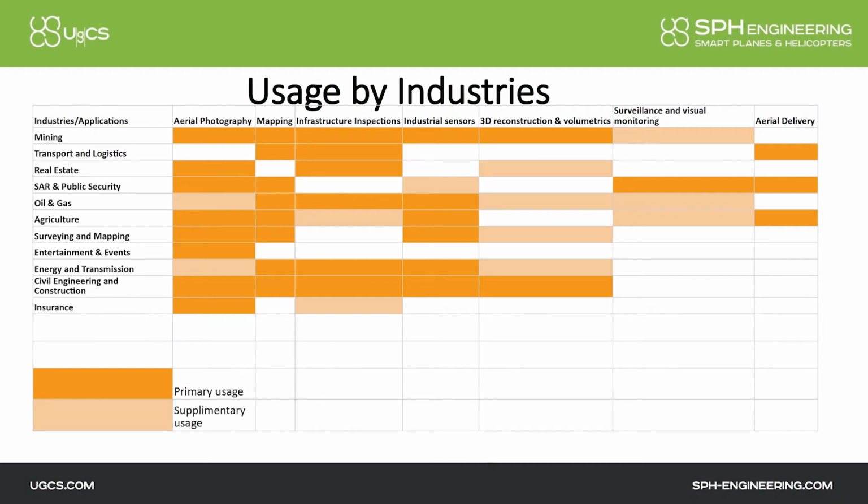So here you can see like a very rough division between different industries and which applications are used in those industries. And also I tried to, from my own experience, somehow divide whether that's like a very strong use or it's just a marginal use. But takeaway from this should be that in any case, in any industry, any application can find its way to bring more benefits.